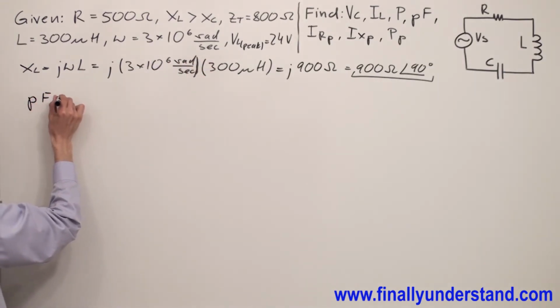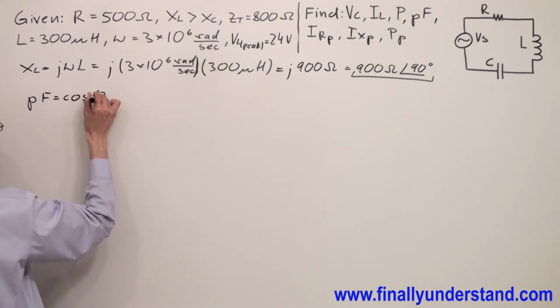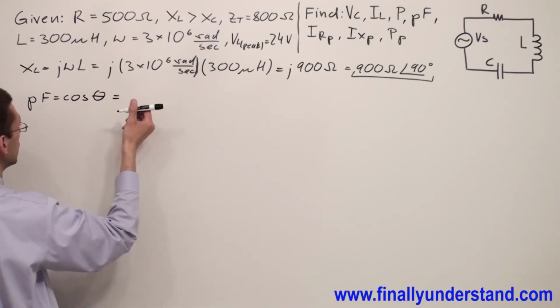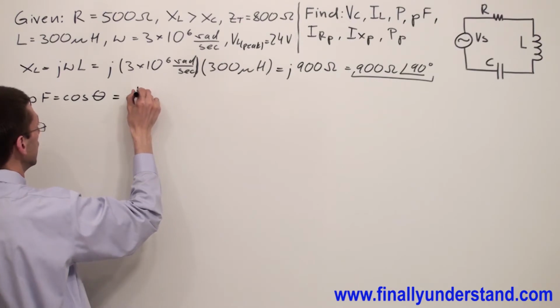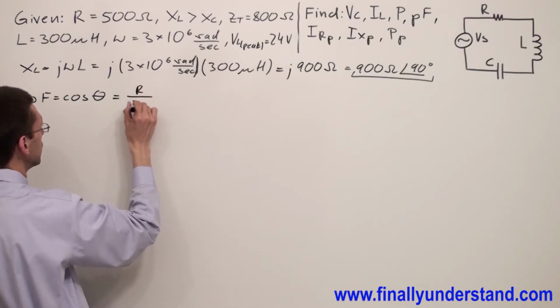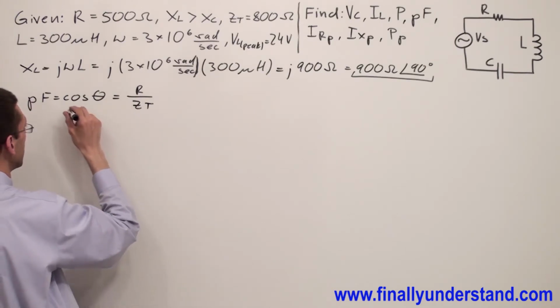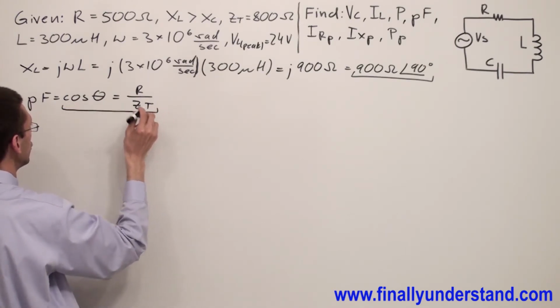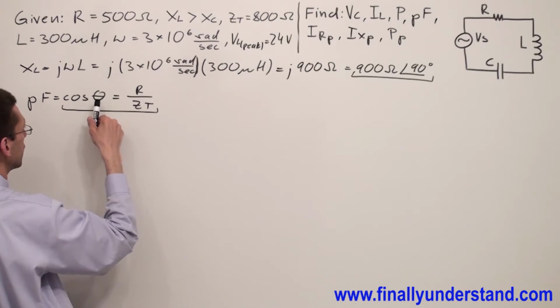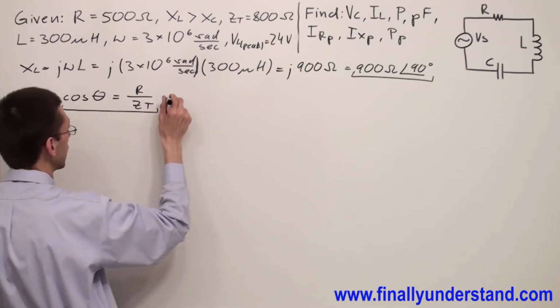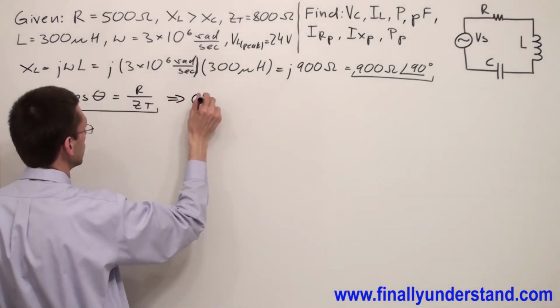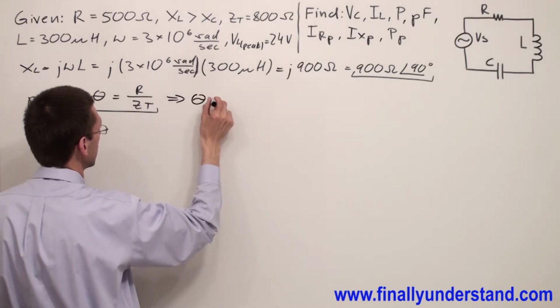Power factor is equal to cosine of angle theta, and if we talk about the series circuit, this is also equal to resistance over Z total. In order to find the angle, I'm supposed to solve this part of the formula for angle theta.